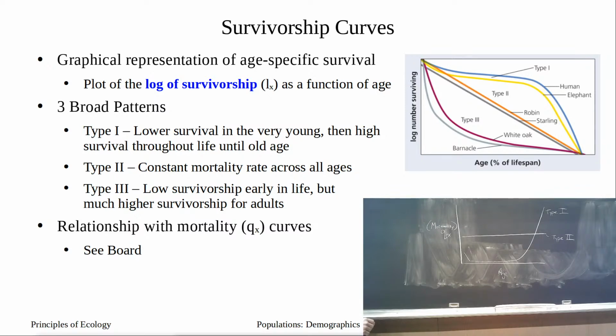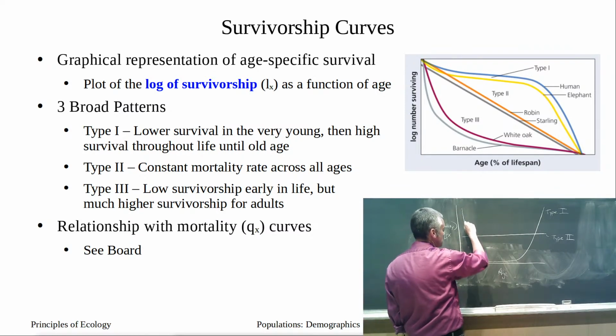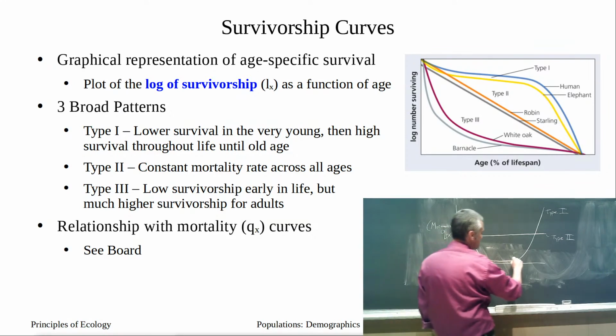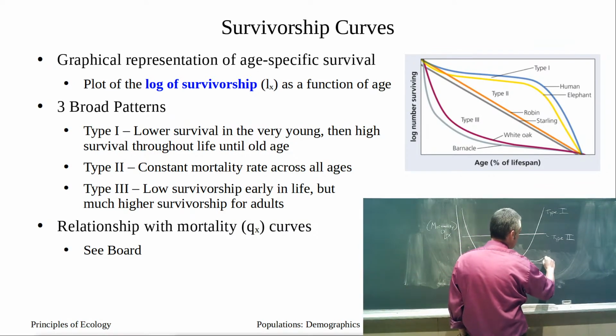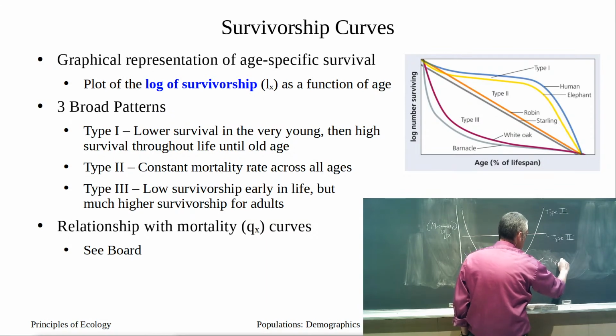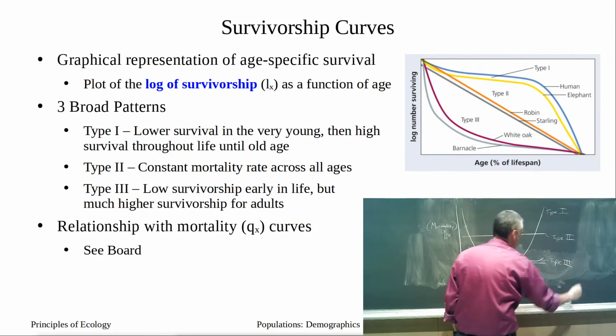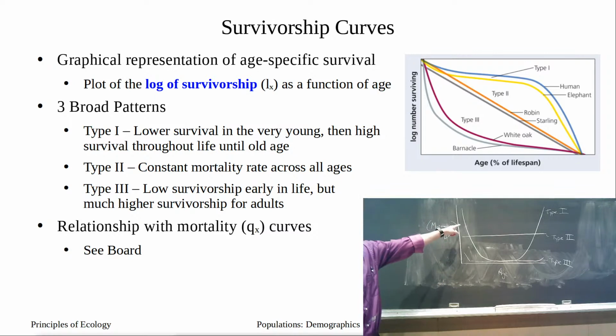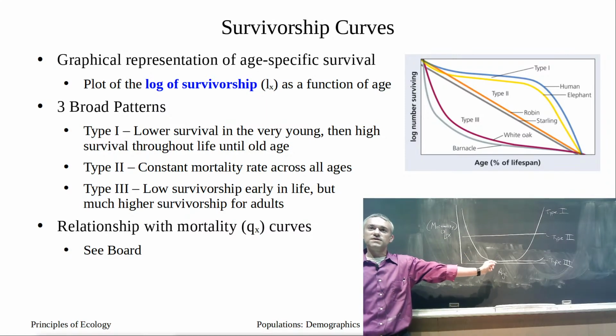And then our type 3 curve looks something like this. Very high mortality rates of our young, of our offspring. But eventually, they get to the point where they have low mortality rates.